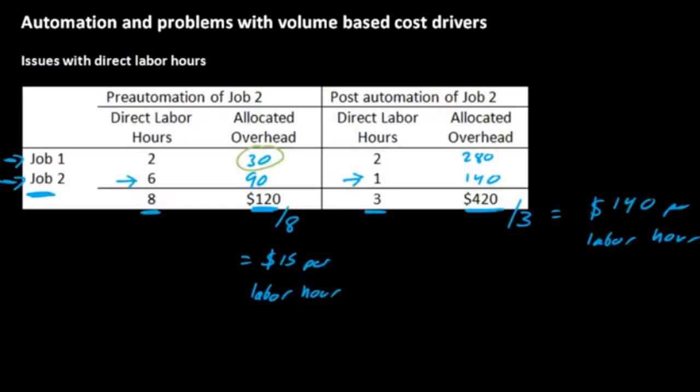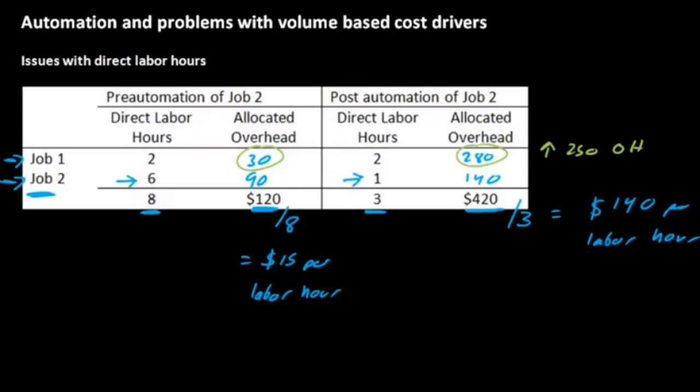But this doesn't really make sense anymore now that we have automated job 2, because look what happens. Job 1 stayed exactly the same, yet its overhead increased from 30 to 280. So it had a $250 increase in overhead, yet there was no change. The only change was that there were no extra machines used in job 1, but there was an extra machine used in job 2.